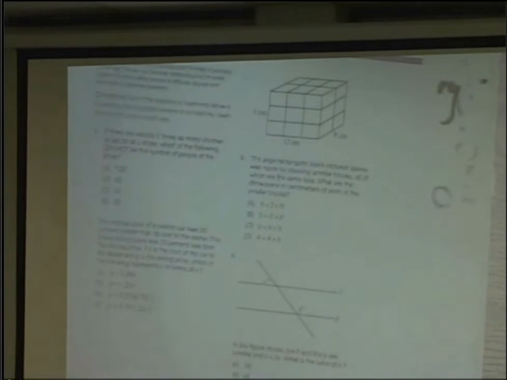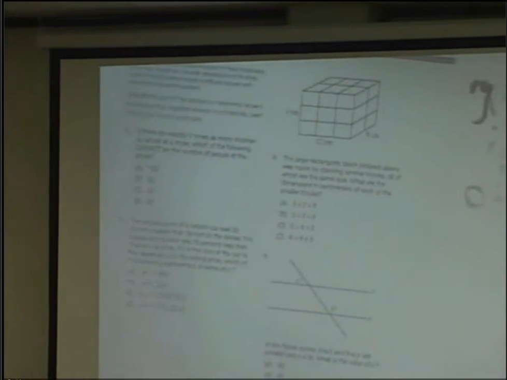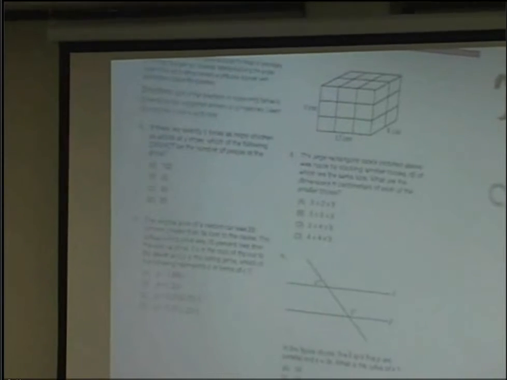Let's have everybody work on number 1. We'll walk around, see how everybody is doing, and then we'll come up and talk about it. Is this a sample test question? Yes, this is a sample test question packet.